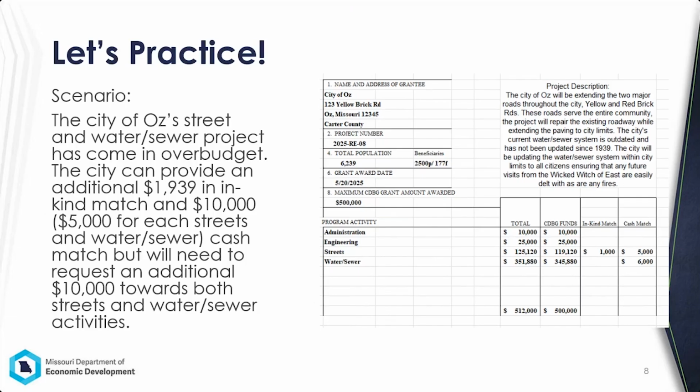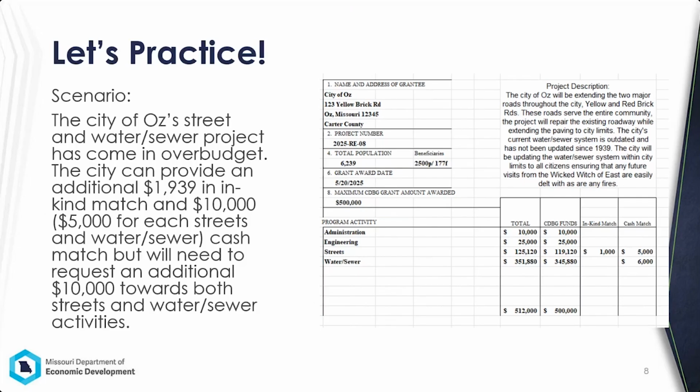The project went out to bid on June 19th. The city received 4 bids, all of which came in over bid. The city has reviewed their financials to determine that they have additional money, $10,000 in total to provide, $5,000 for each activity that can be put towards the project, as well as their public works director has a few employees available for additional in-kind work.